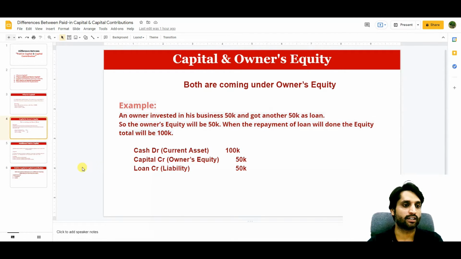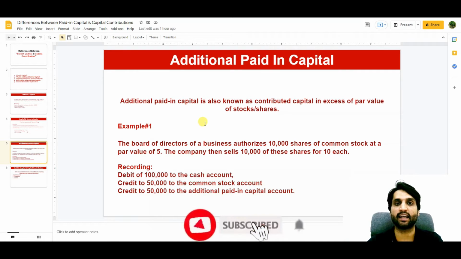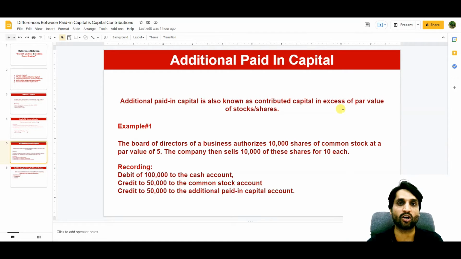Now let's move further and see what is additional paid-in capital. Additional paid-in capital is also known as contributed capital in excess of the par value of issued shares or stocks by the company. For example, the board of directors of a business authorizes 10,000 shares of common stock at a par value of 5.